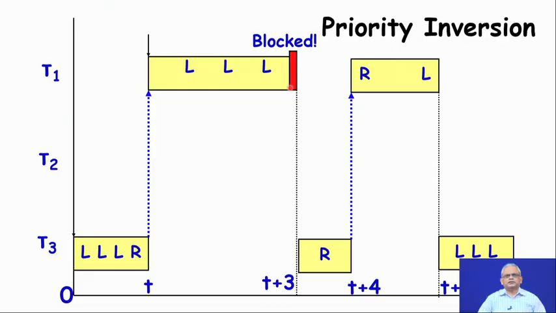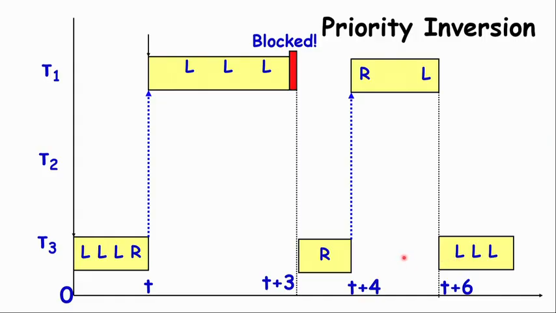And since the resource is already held by T3, the task T1 gets blocked, and once it gets blocked, T3 becomes active, uses the resource, and after some time at t plus 4 it completes the execution, and then T1 gets the resource, starts executing, does local processing, and then after it completes, T3 gets the CPU and starts executing.